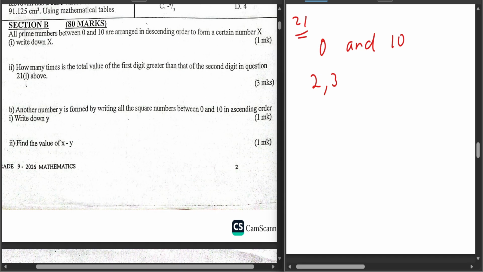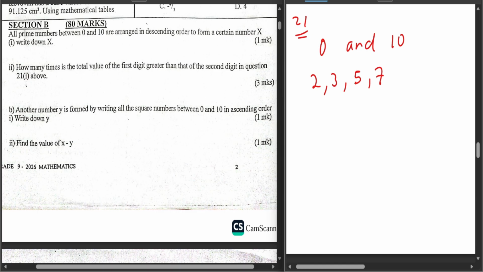At least it should have 2 factors, and it shouldn't have more than 2 factors. So we have 2, 3, 5, 7, and not 9. Many students confuse prime numbers with odd numbers. 9 is not a prime number because it has more than 2 factors.